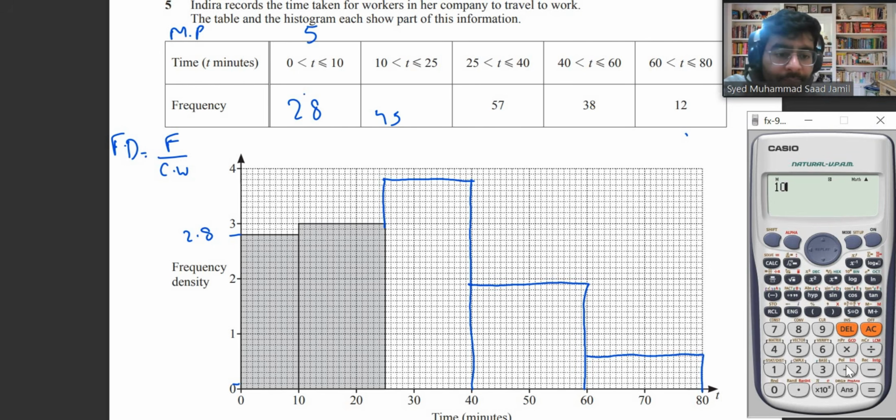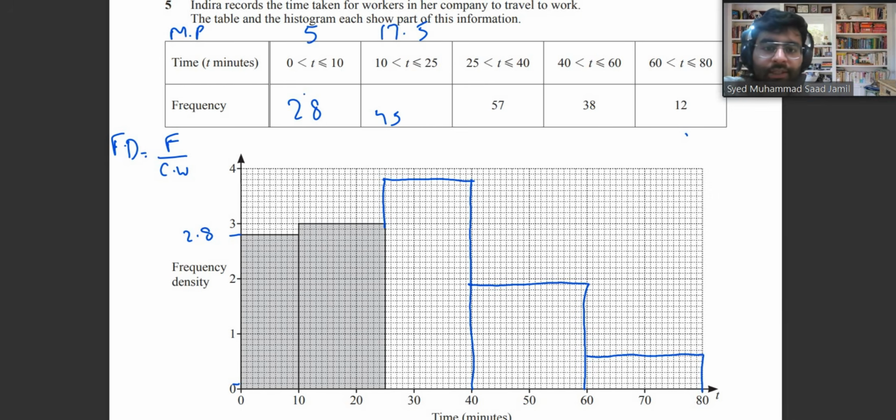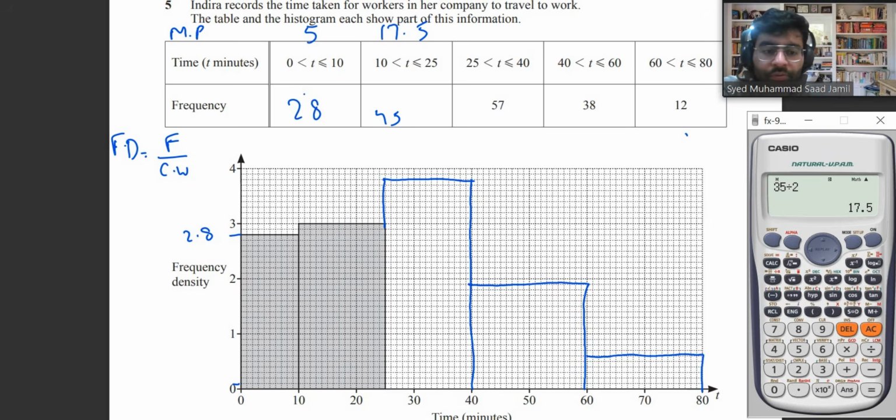For example, 10 plus 25 divided by 2, 35 divided by 2, we get 17.5. Then 25 plus 40 divided by 2, you get 32.5.